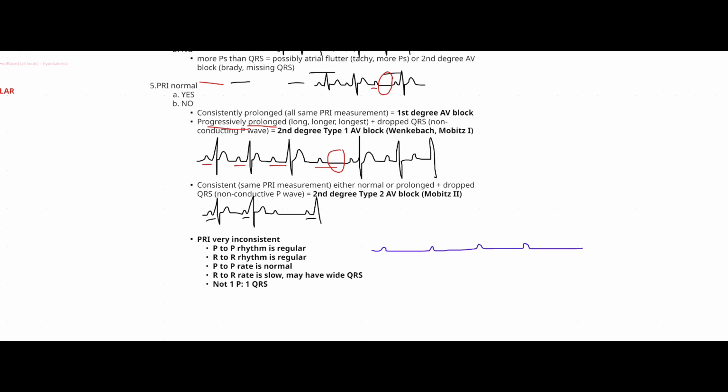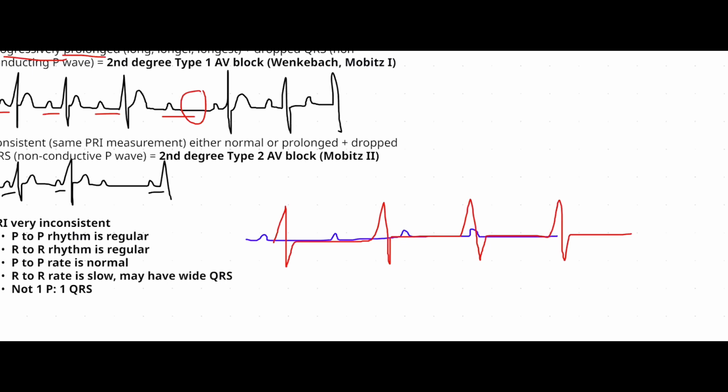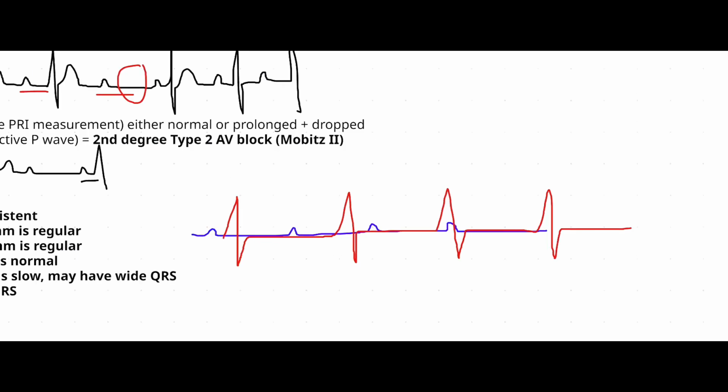Okay, QRS, QRS, QRS, QRS. So if I were to measure the PR interval, this looks normal, but then this is very long, right? This is very long. It's on top of each other. There's not even anything there, right? There is no rhyme or rhythm between the P and the QRS. The PR interval is very inconsistent.